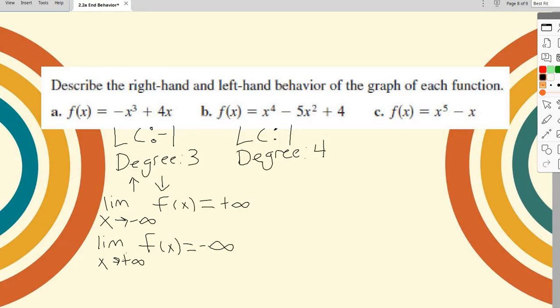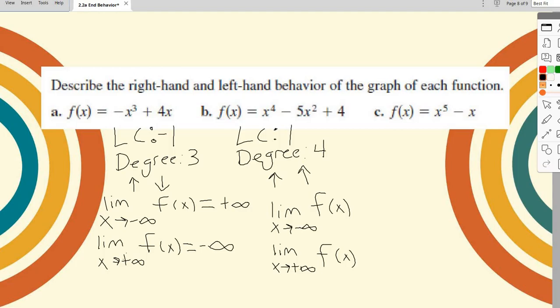Okay? So remember that the positive and negative infinity with my x's is just talking about the left side and the right side. So I'm always going to have a limit for both of those, because I'm always going to have a left and a right side of my graph.